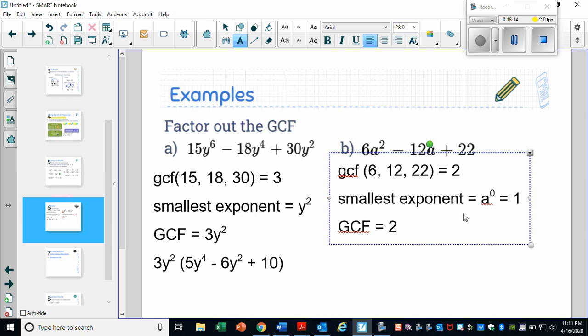So therefore, your final results will be the following. 6a squared divided by 2. 6 divided by 2 is 3. A squared divided by 1 is just a plain old a squared.